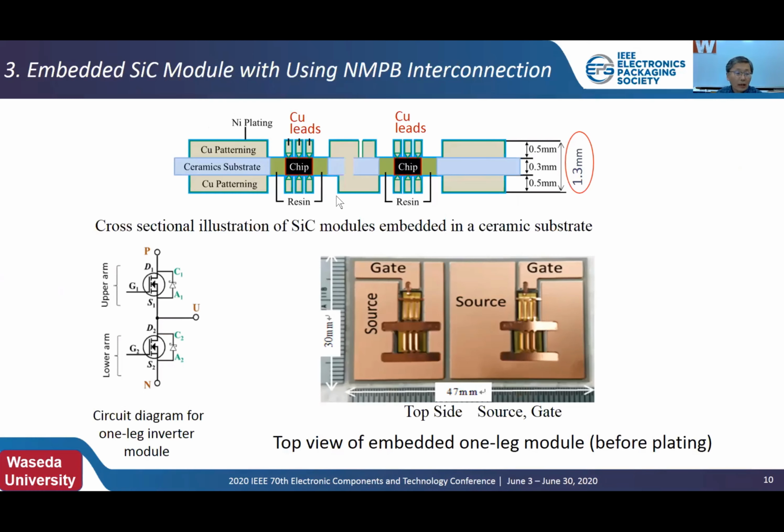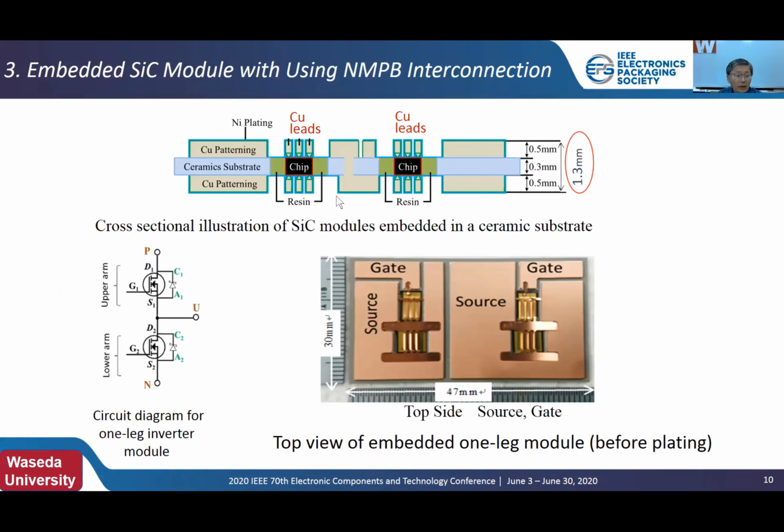So we designed a SiC embedded module for one leg circuit as shown in the lower left figure. The upper figure shows a cross-sectional illustration of the module embedded in a ceramic substrate.